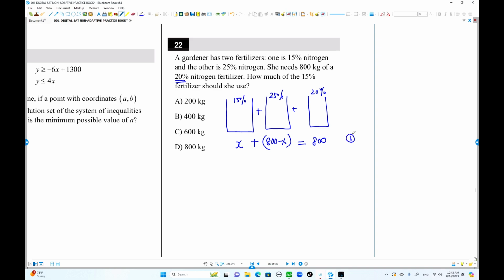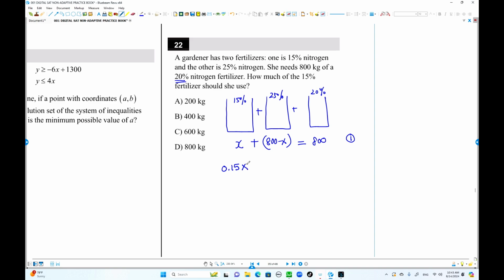Okay. So how can you find the value of x? If you use this one, 0 equals 0. We don't know the value of x. We need one more equation, right? What is that? The amount of nitrogen must be equal. 15% of x is the amount of nitrogen, so 0.15x.